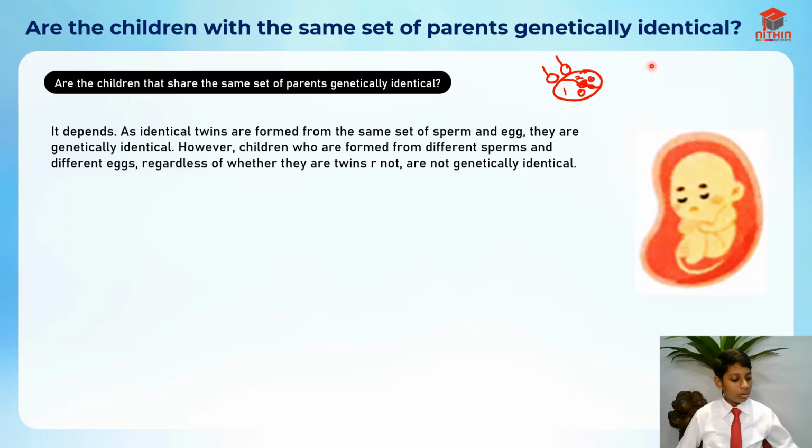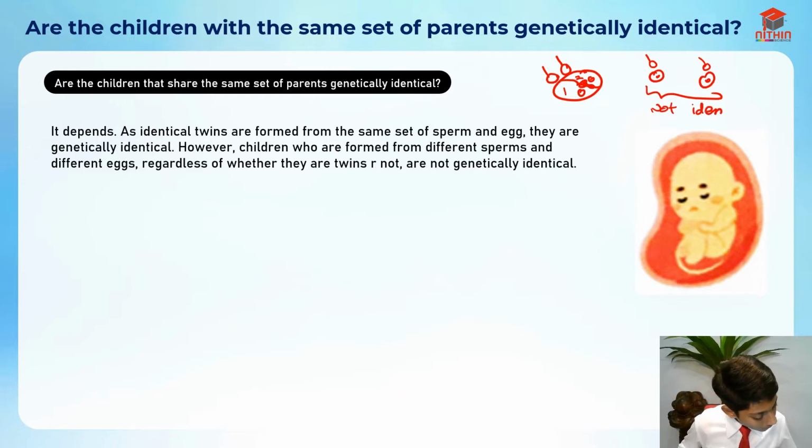And non-identical twins are basically when there are two ovaries, right? And they give us the eggs at the same time. So there are two eggs over here, and then the baby goes here. So the sperm fertilizes both eggs, and then these are not identical. Okay, so now let me read the answer.